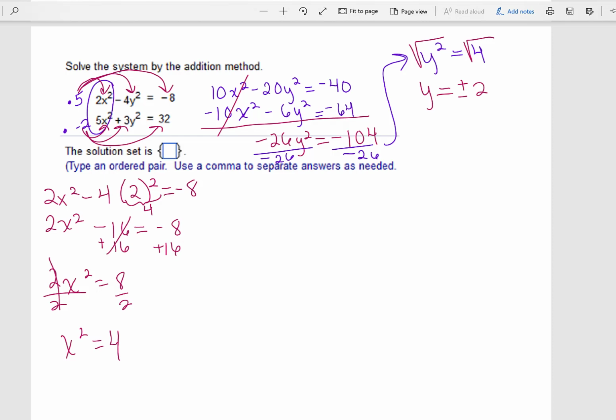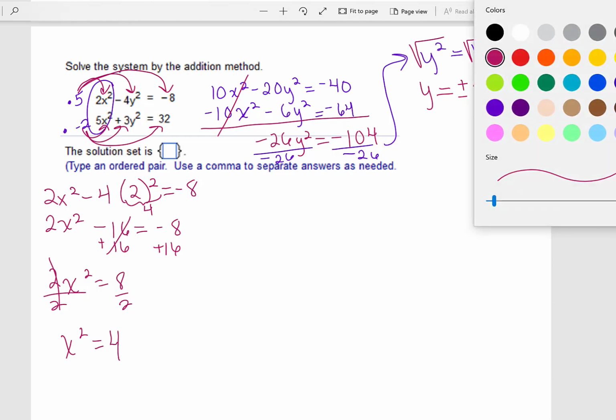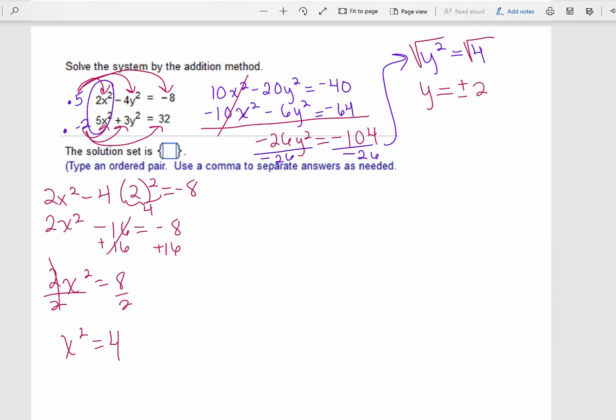Okay, now notice we have x squared equals 4. So that's telling me that I'm going to get two different outputs, because in this case we did the input as a y. So x equals positive or negative 2.